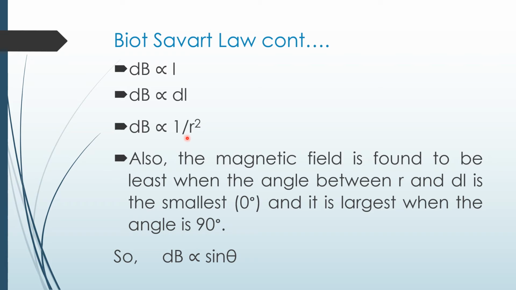Okay, and this magnetic field is found to be least when the angle between r and dl is smallest, that is 0, and it is largest when the angle is 90 degree. So dB is directly proportional to sin theta, that is known.